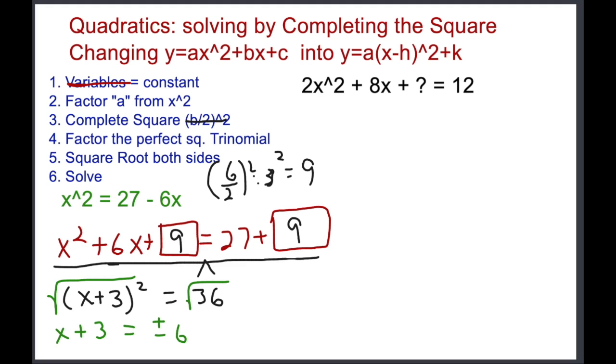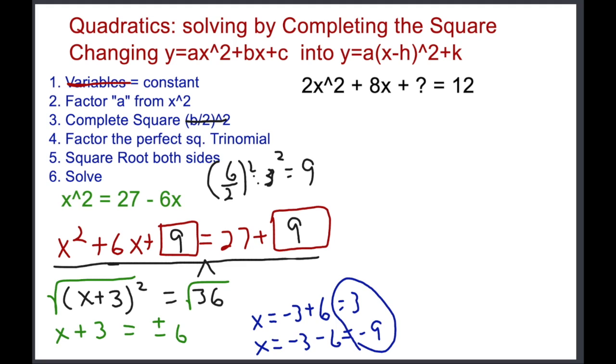So one answer is x equals negative 3 plus 6, which is 3, and x equals negative 3, bring that 3 across, minus 6 is negative 9. Now these are the x-intercepts. That's what they stand for. This is where this graph crosses the x-axis.